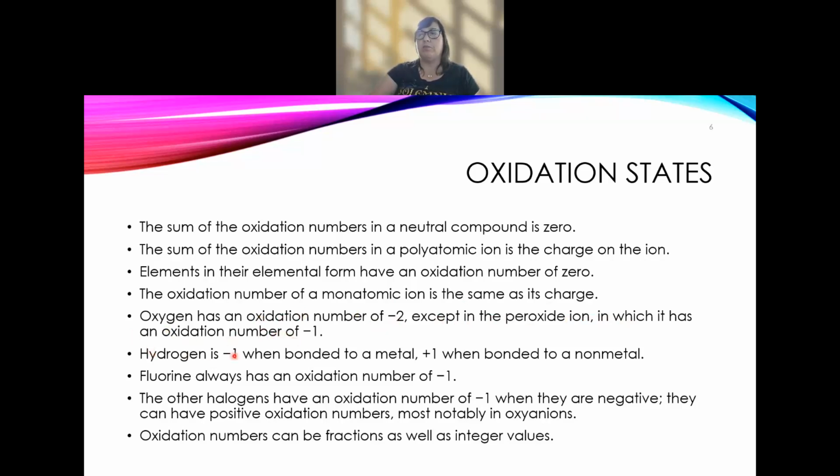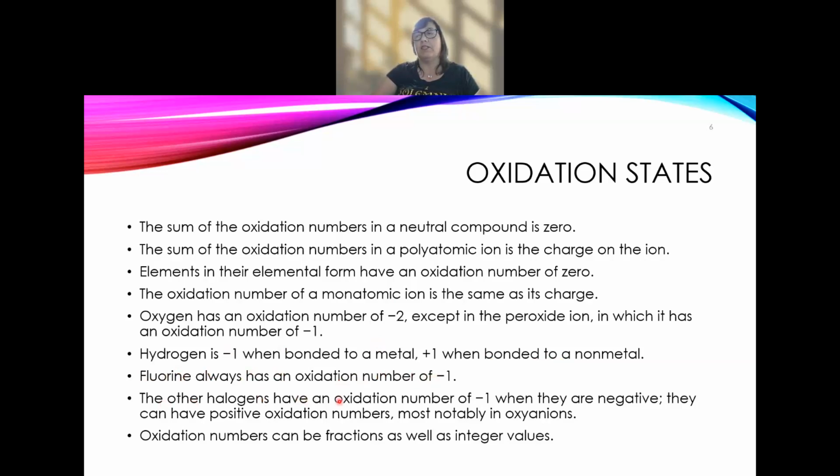Hydrogen is -1 when it's bound to a metal, +1 when bound to a nonmetal. So if I have hydrogen bound to chlorine, which is a nonmetal, it's going to have a +1 charge, and the Cl is going to be -1. In the case where it's bound to a metal like in NaH, the Na is +1, and the H is -1. Okay. Fluorine is always an oxidation number of -1.